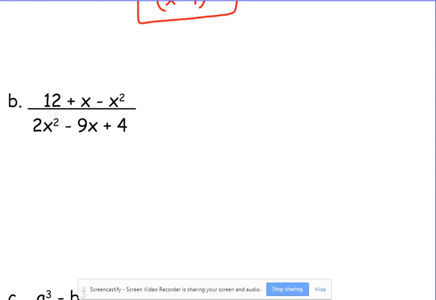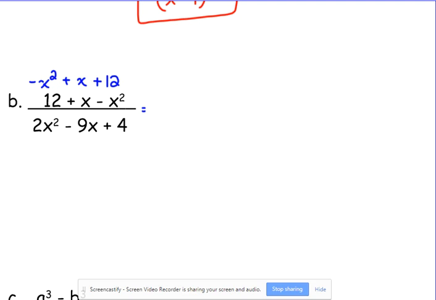So just to save myself some space, instead of rewriting the entire thing, I'm just going to rewrite the numerator over the problem, and then I'll start factoring. I just changed the order. I put it in standard form so that it's in the order that I'm used to when it comes to factoring.